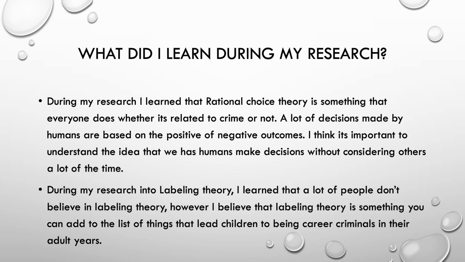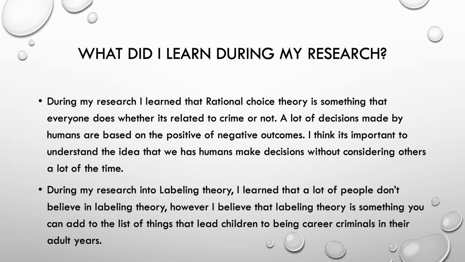What did I learn during my research? During my research, I learned that rational choice theory is something everyone does, whether it's related to a crime or not. A lot of decisions made by humans are based on the positive or negative outcomes. I think it's important to understand the idea that we as humans make decisions without considering others a lot of the time.